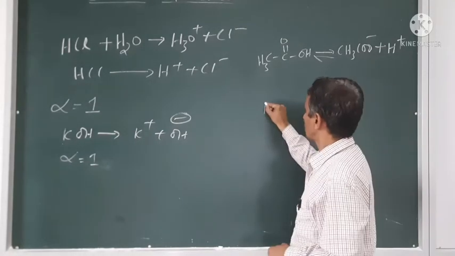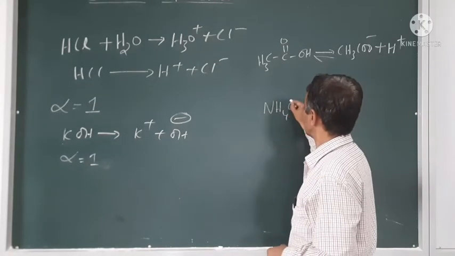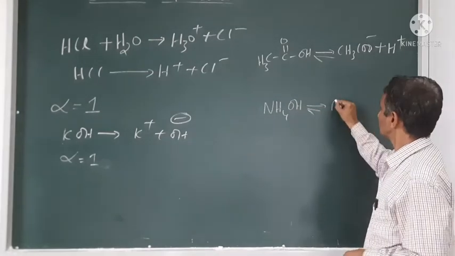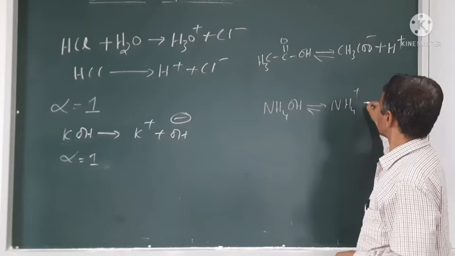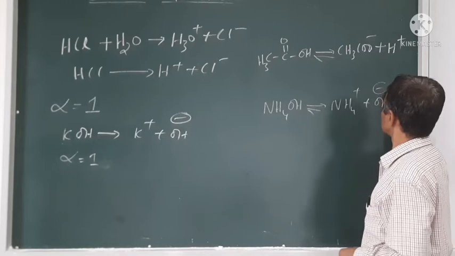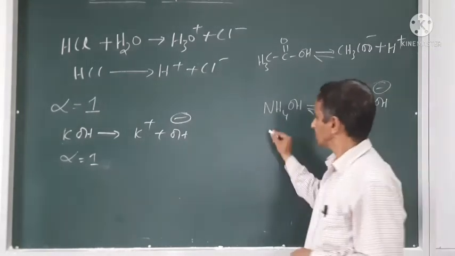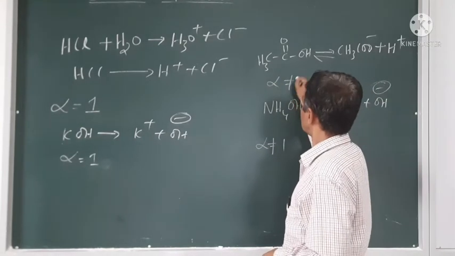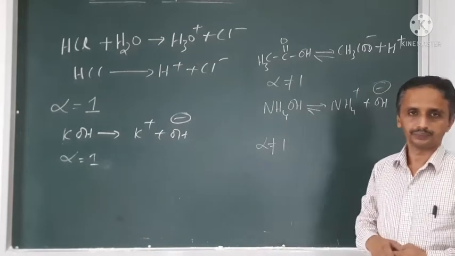This is true for ammonium hydroxide also, which is a weak base, so it gives NH4 plus and the OH minus. Here, in both cases, alpha is not equal to 1. Remember that.